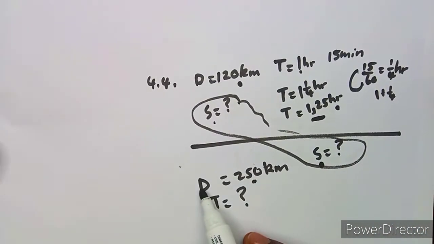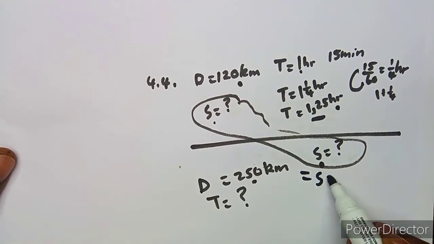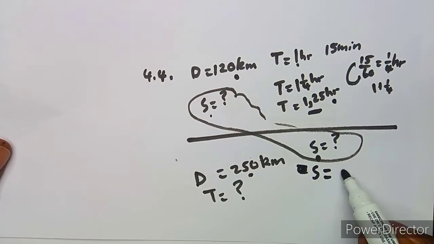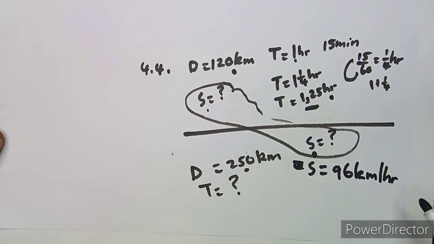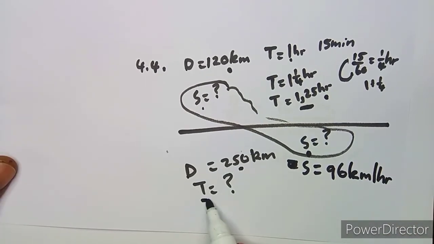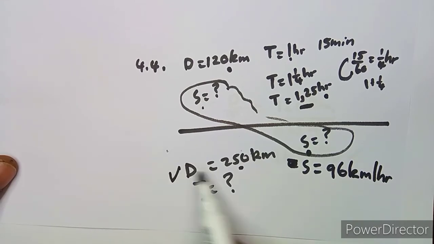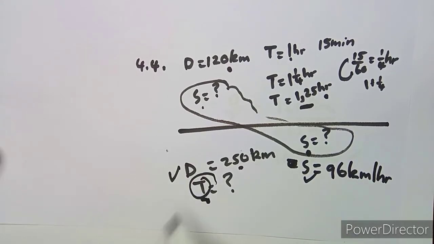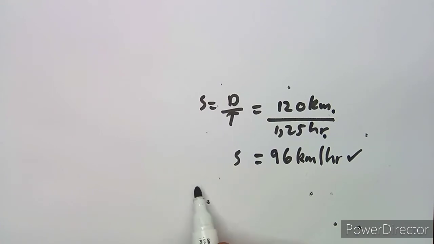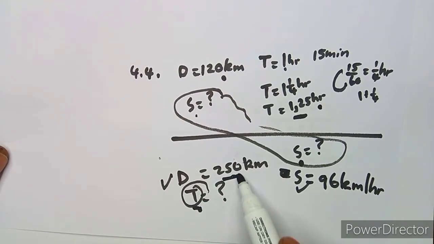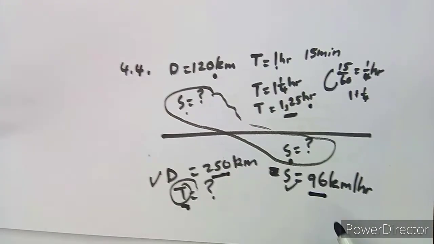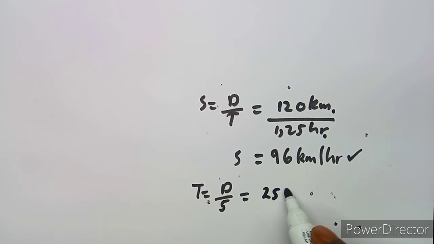So the speed remains the same because we are told that it's unchanged. Here we have the distance and the speed, which is unchanged, of 96 kilometers per hour. That is our second condition, and we now want to calculate the time. So we have distance and speed, and we want time. Remember that time is equal to distance over speed. The distance is 250, the speed is 96, so it's 250 over 96.